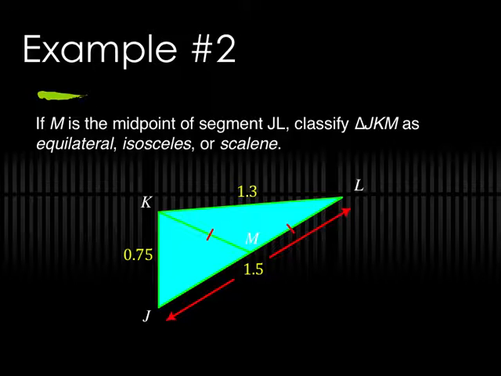Figure out what kind of triangle JKM is. It's hard. I used some bad color choices here, but M is right here, in case you can't see it.